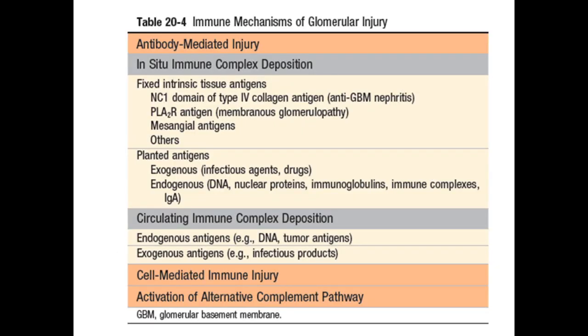Under the immune mechanism of glomerular injury, we can classify pathology as follows. First, antibody-mediated injury, and this type of injury includes immune complexes deposition, which develops in situ, and circulating immune complexes deposition.